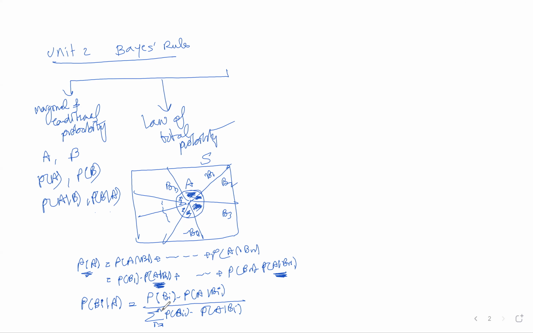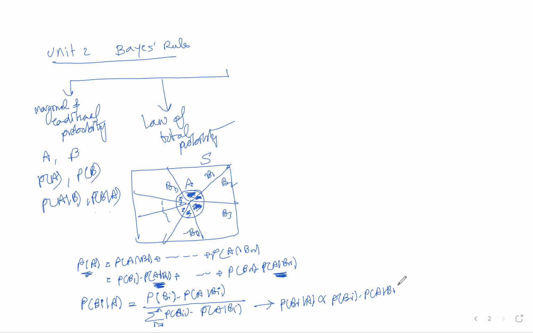This one actually is called the Bayes rule. So where is this Bayes rule? I haven't seen this one before. You have seen this one many, many times. This can be written as the probability of Bi given A proportional to the probability of Bi times the probability of A given Bi.